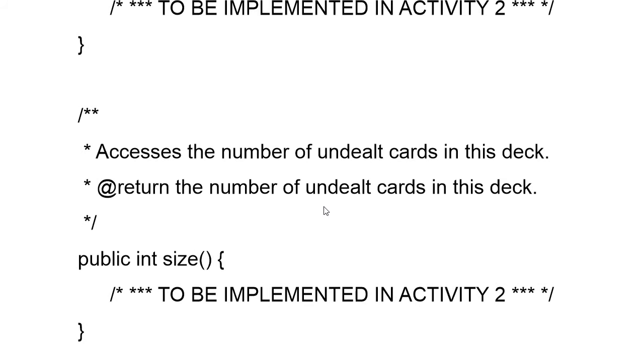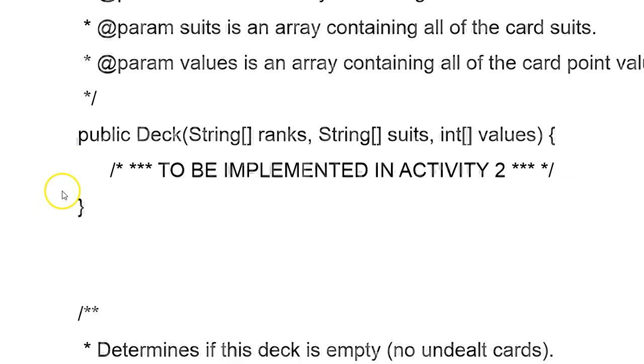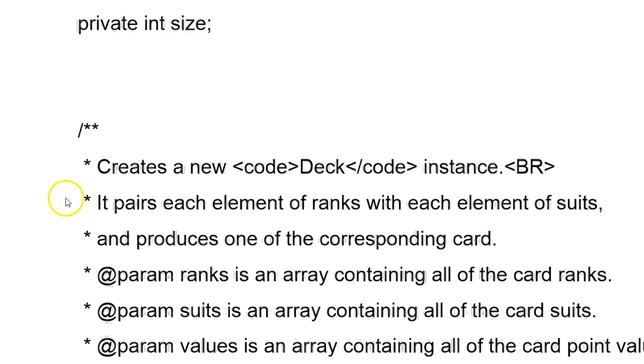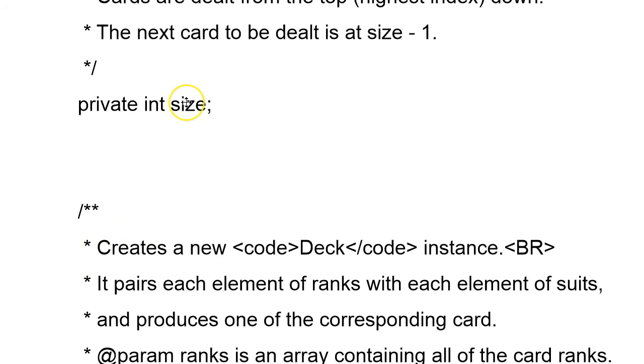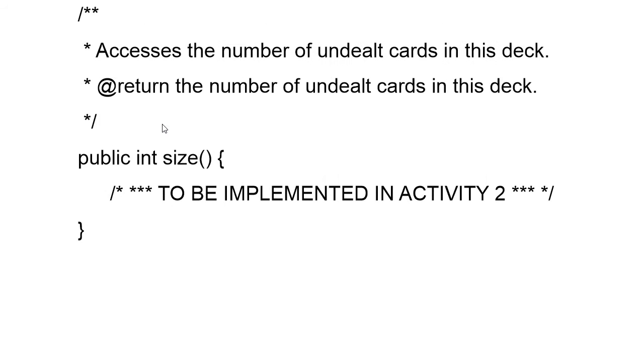Then you also have to establish how to get the size of the deck. Hint, hint: the size of the ArrayList is the size of the deck. Or if you are constantly updating the int size attribute of the deck, you can get it from there.